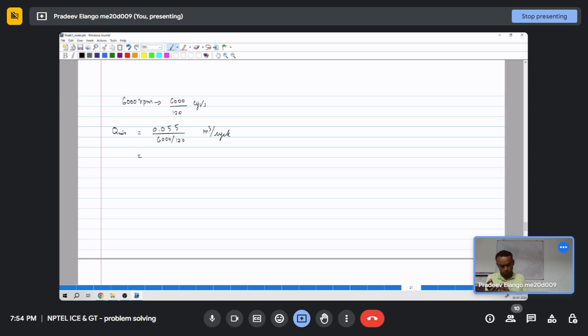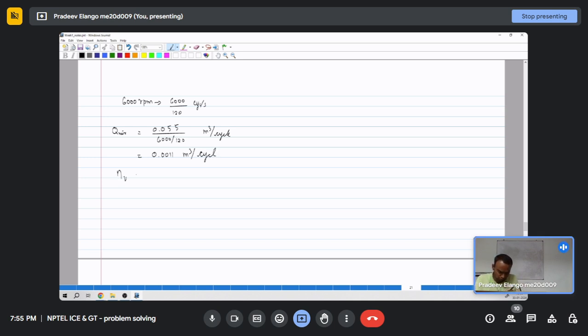What is this? 0.0011 meter cube per cycle.